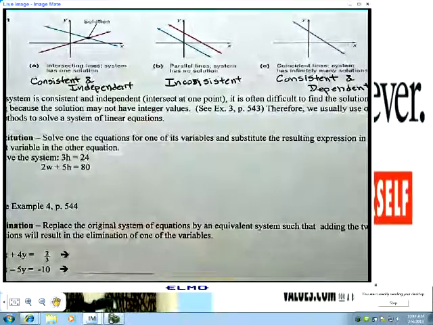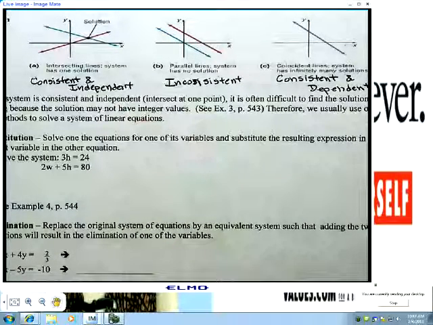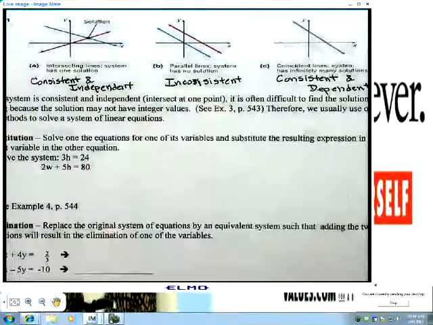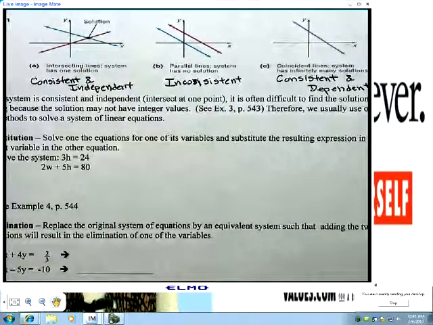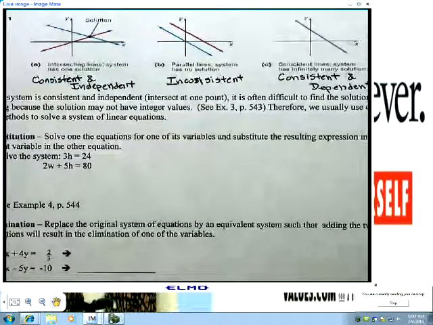That would be pretty darn difficult to identify on a graph. If you were using graph paper and it crossed at exactly 4, 5, you might be able to figure that out. But if it crosses at a point with fractional coordinates, you might not ever figure out exactly what makes it true. So this graphing method gives us a good mental image of what the system looks like, but it's not the most efficient method for solving the system.